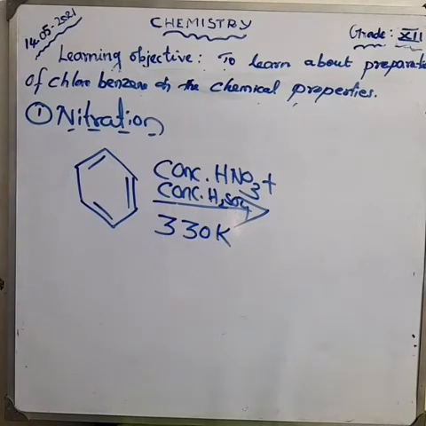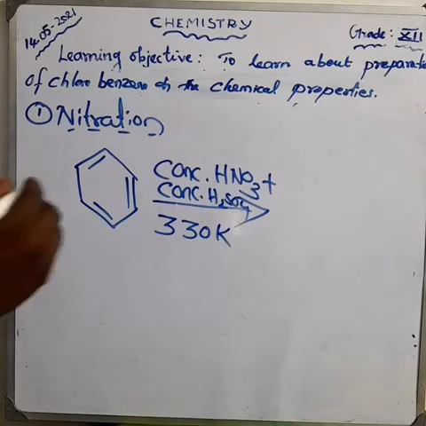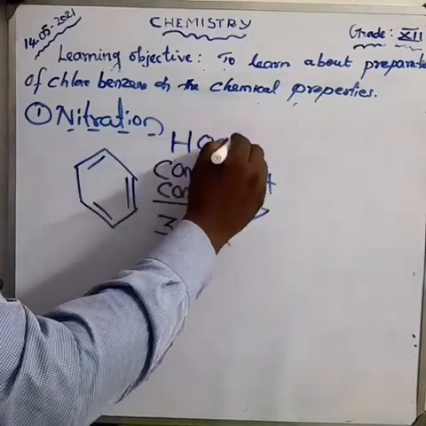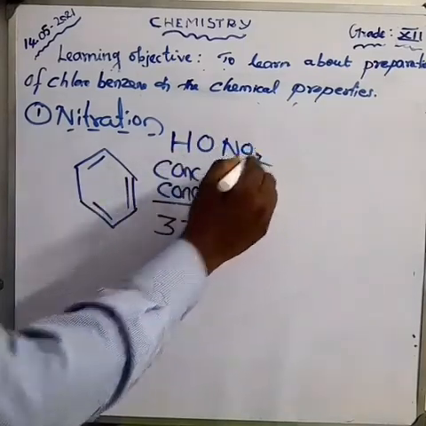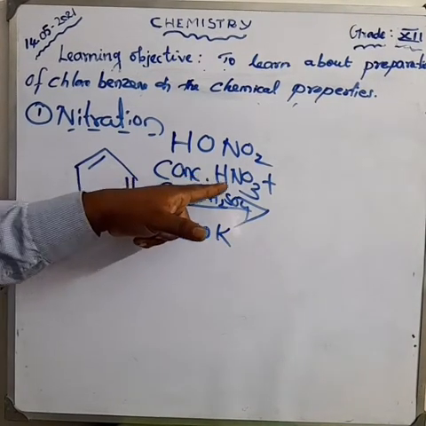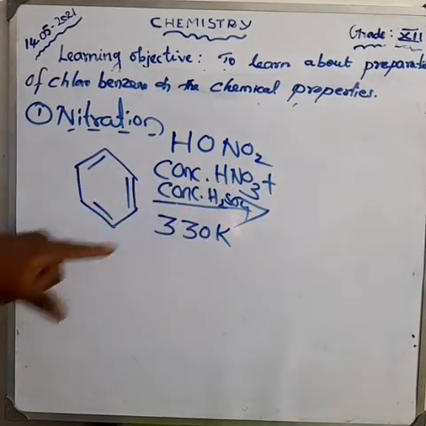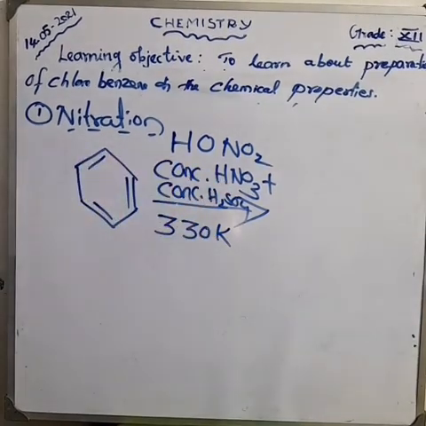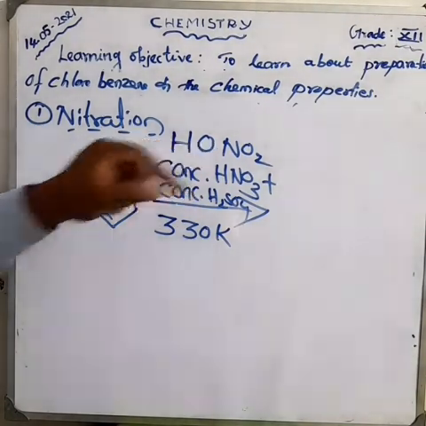Here, how can we write nitric acid? Nitric acid can be written as HONO2. Okay, this is nitric acid. What is the formula for nitric acid? HNO3. This HNO3 can be written as HONO2, which gives NO2+ and H2O.